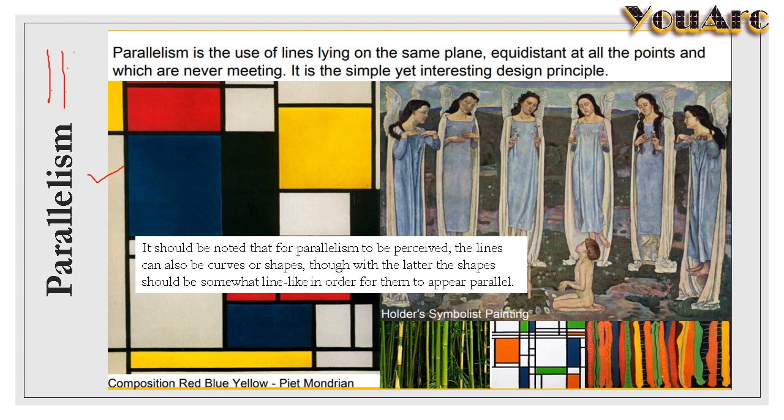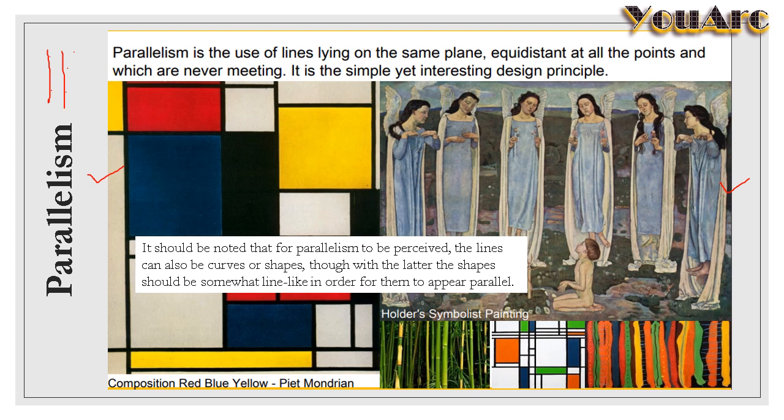If you see this particular angel figure, we can see parallelism in terms of how the angels are arranged. It should be noted that for parallelism to be perceived, the lines can be curves or shapes, though they should look somewhat like lines in order to appear parallel.